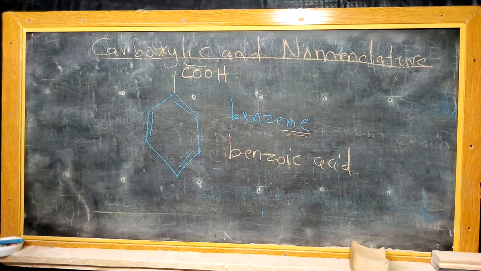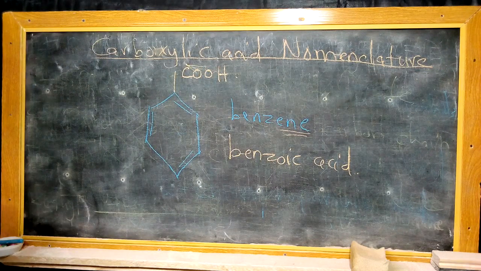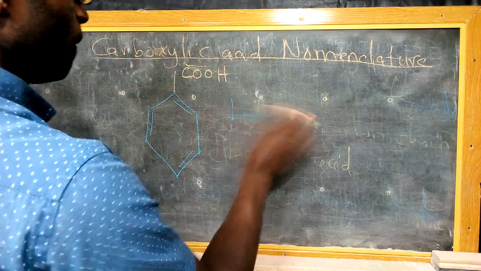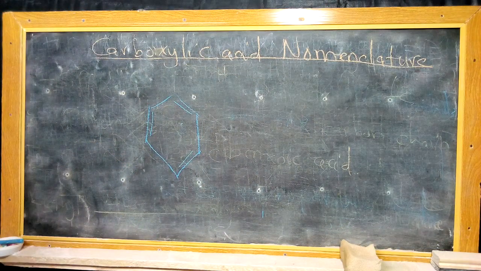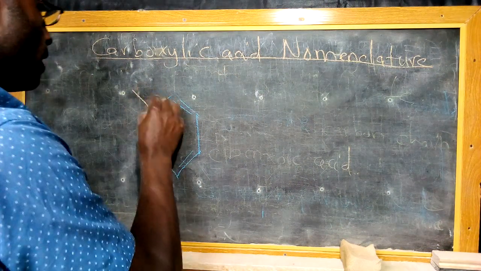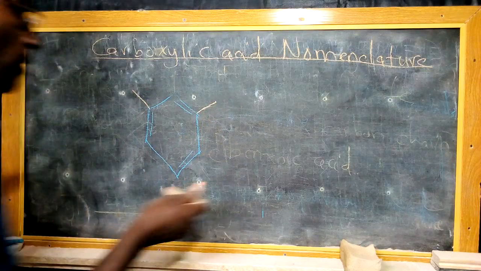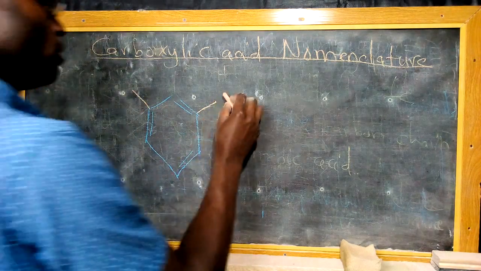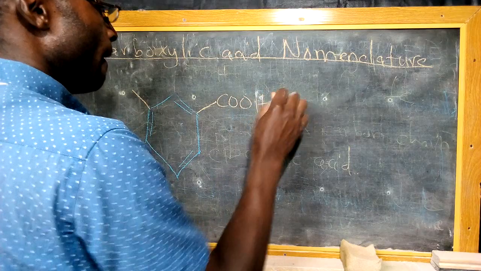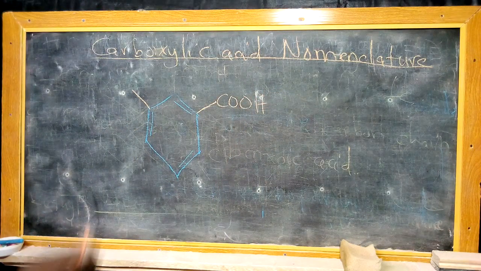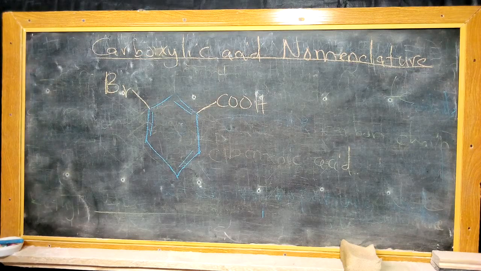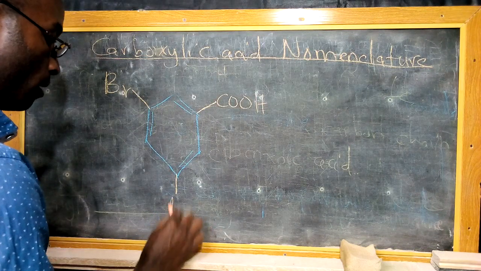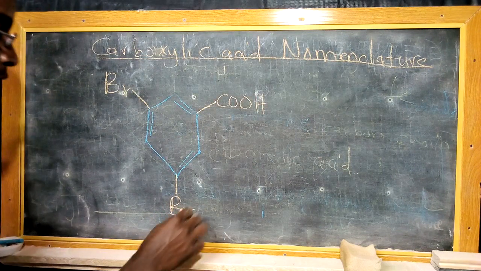Now suppose this particular compound has additional substituents, and the carbonyl carbon, which is the carboxylic acid function, is attached at that point, and we've got bromine at that point and bromine at this point.